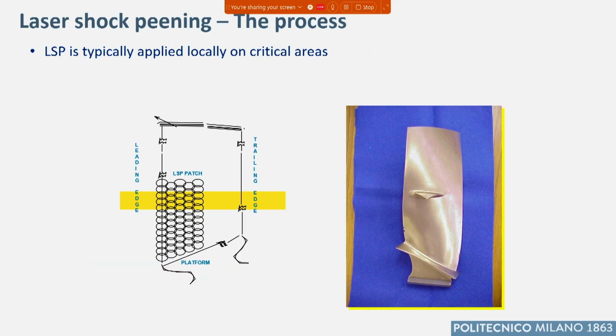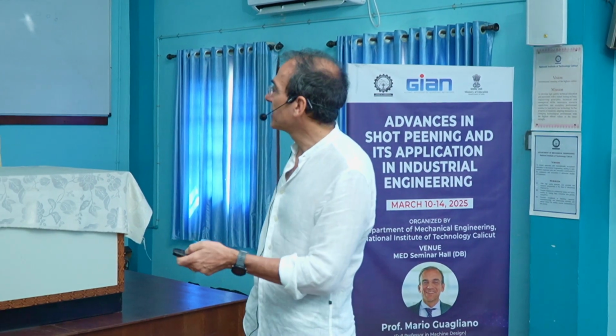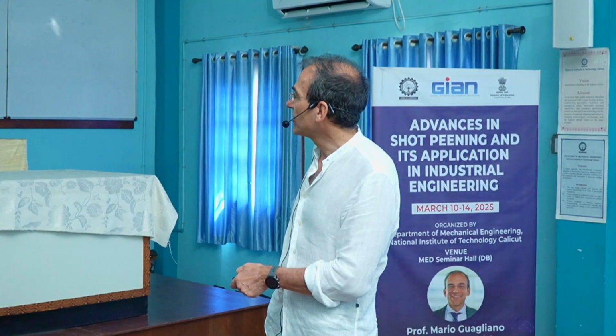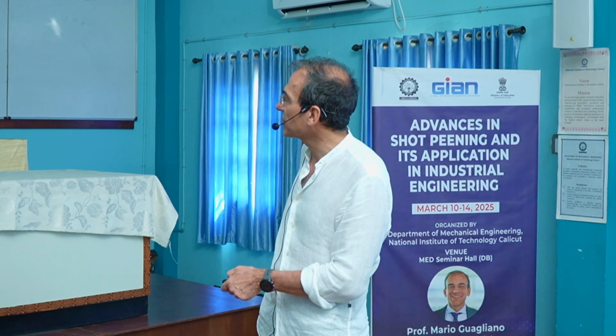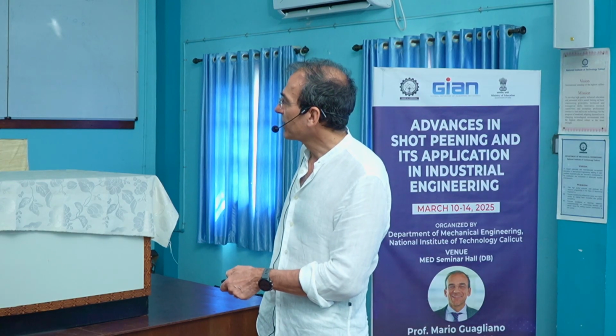Laser shot peening can be applied to very accurate parts of the component. It is typically applied locally and in critical areas. You see displayed the patch left by the single LSP points.